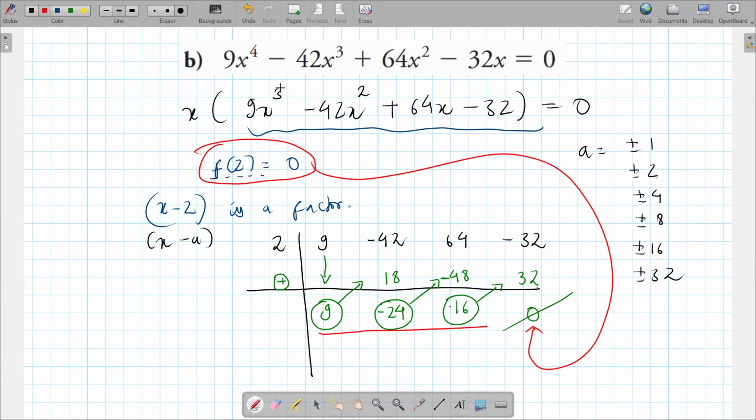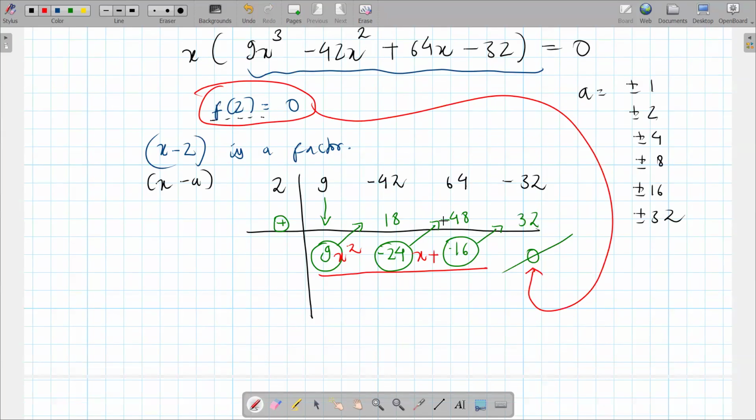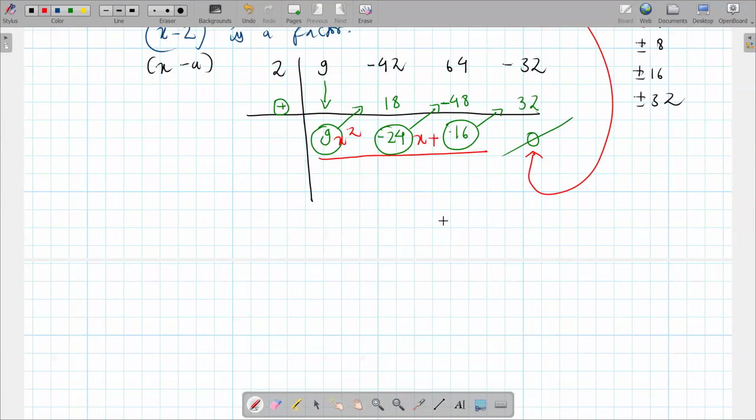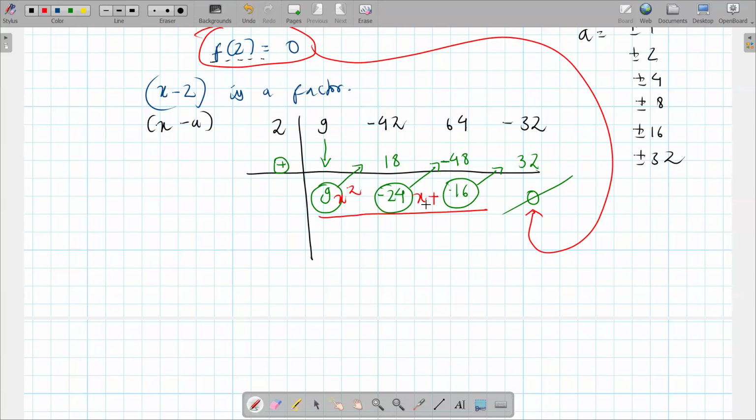We're dividing x cubed by x, right? We're dividing this cubic function by x minus 2, a linear function. So your quotient, yeah, exactly. Your quotient is going to be 9x squared minus 24x plus 16. Cool? And then what we're going to do is we're going to factor that further if it's possible.